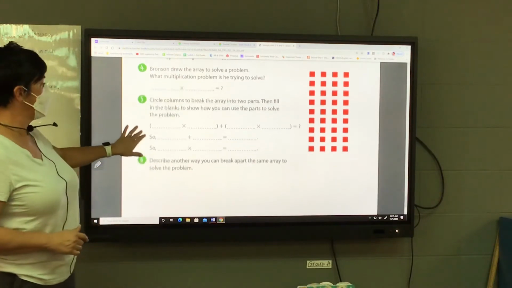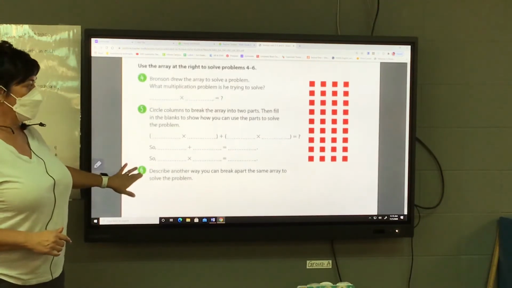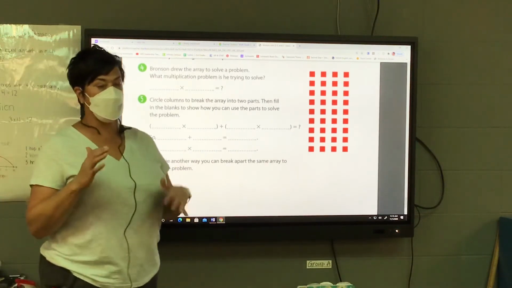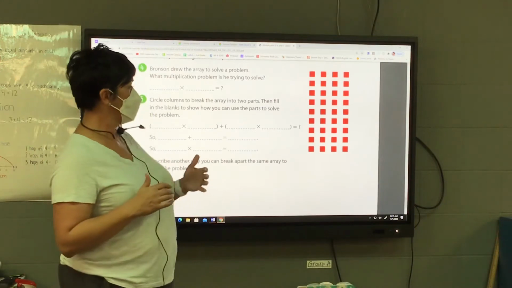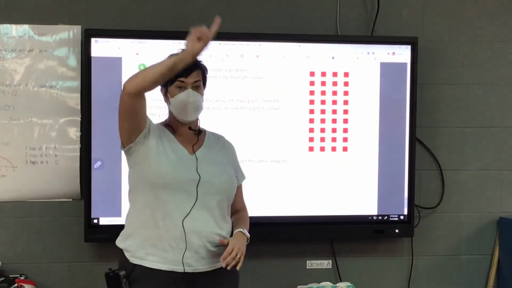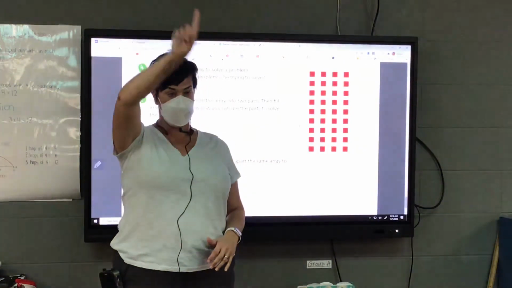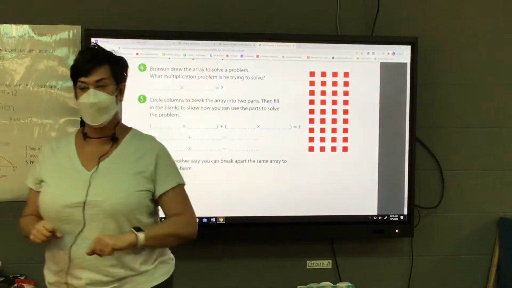Okay. So now, when we are breaking apart an array, looking at it this way, it's going to be easier to break it this way, right? How would you break apart this array? Show me right now.